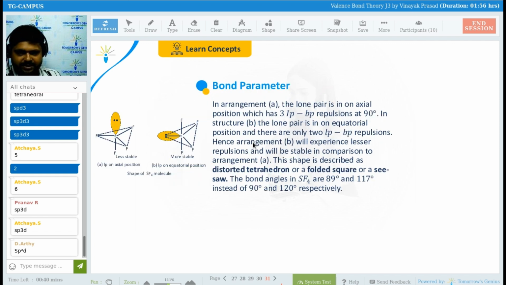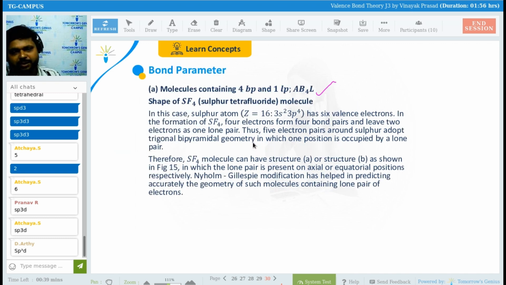Sulfur tetrafluoride, you can see the structure for sulfur tetrafluoride. Sorry, AB4L type, right? So 4 bond pairs will be there and 1 lone pair will be there, right?